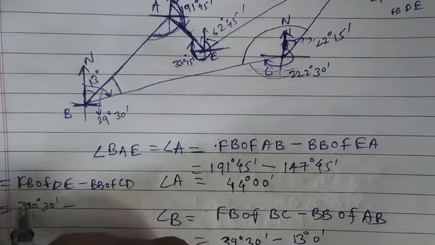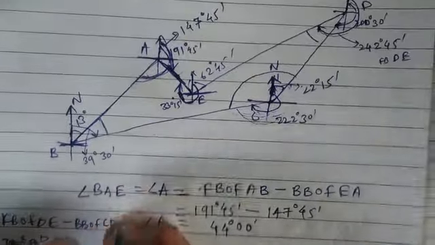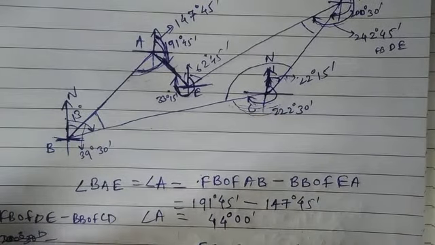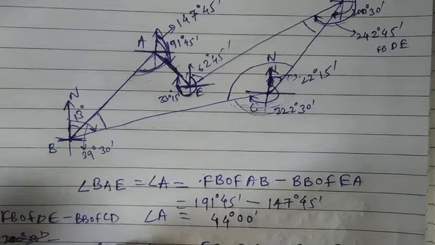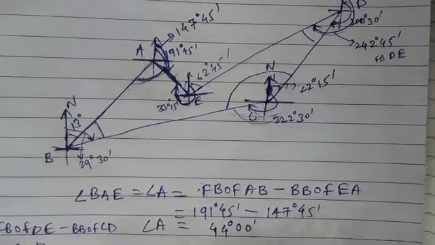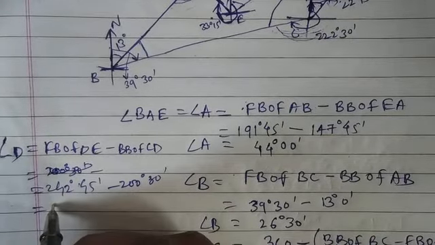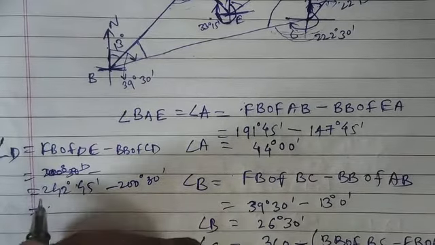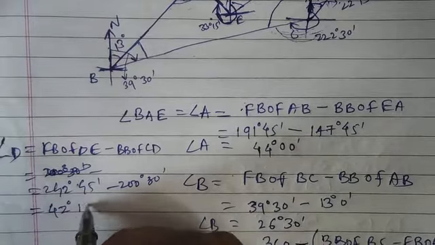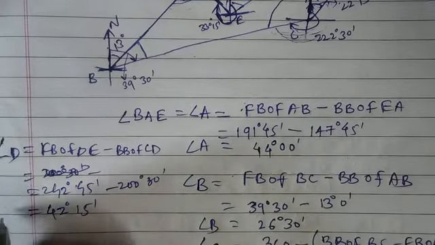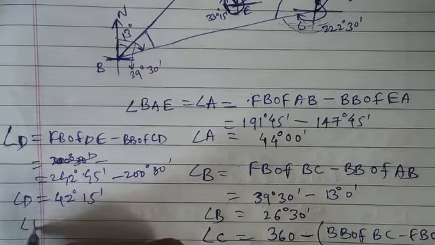Make the correction: 242 degree 45 minutes minus 200 degree 30 minutes. So how much will you get here? It will be 42 degree 15 minutes. Okay, so this is angle D.